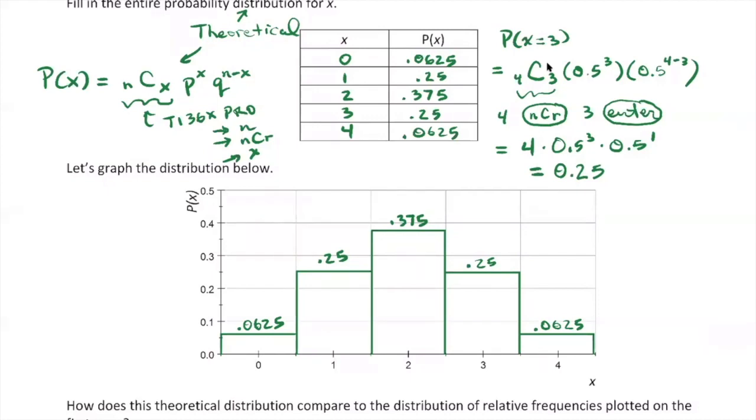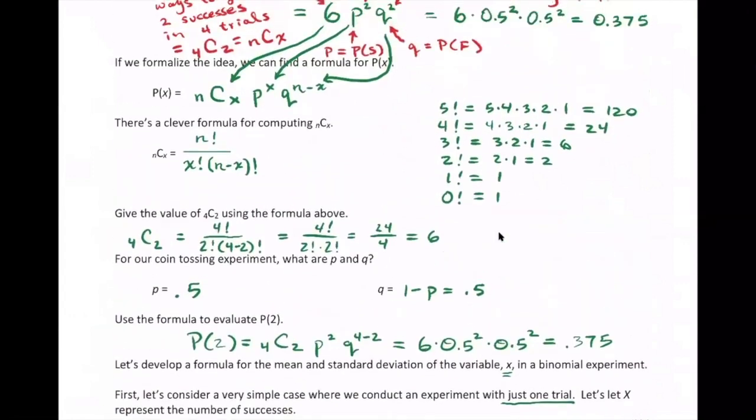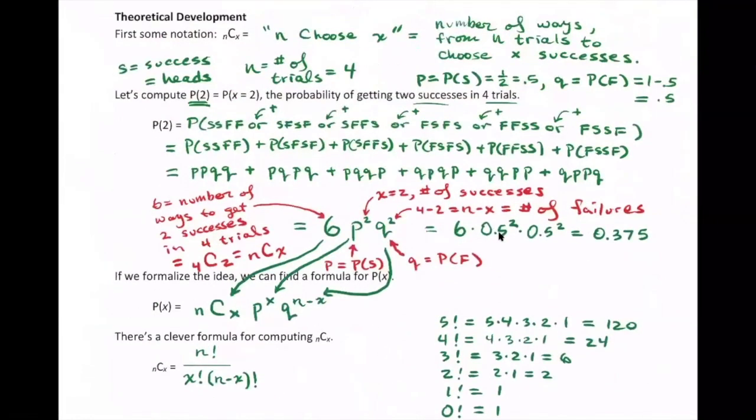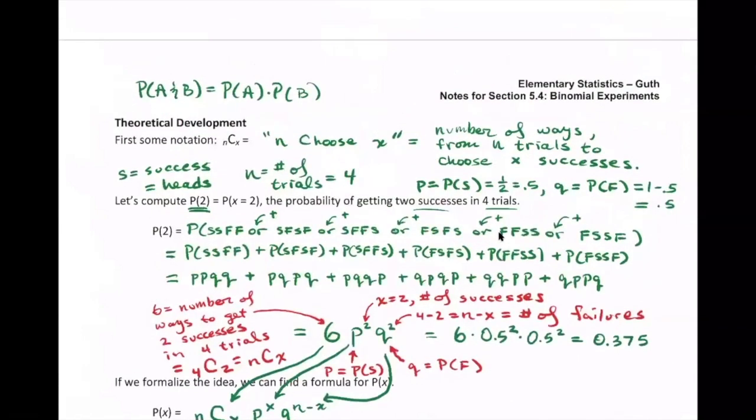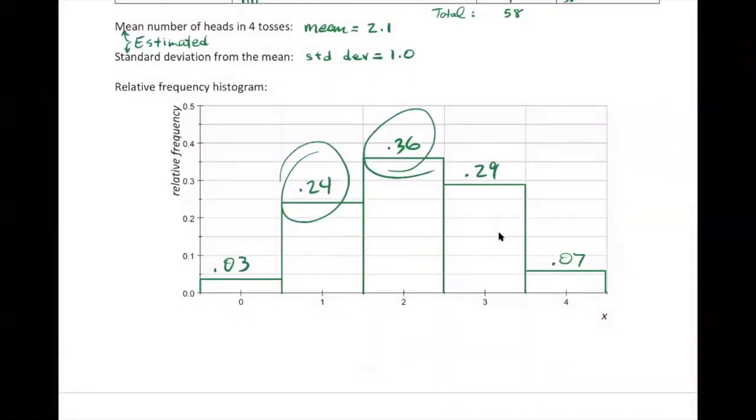And we're meant to compare the theoretical development to the one where we actually did it with real coins, or at least a simulated coin. So way up at the beginning, you see the 24% versus the 25%, the 36% versus the 37.5%, the 7% versus the 0.0625.